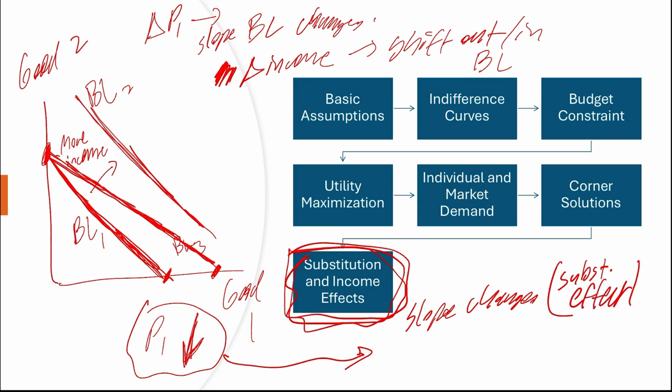So just imagine this budget line is rotating like this. We're changing the slope. But at the same time, if we compare these two lines, we can buy more of both goods, especially good one, if the price of good one goes down and our income stays the same.